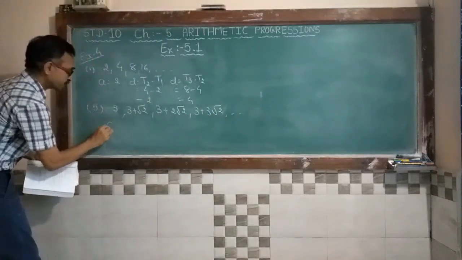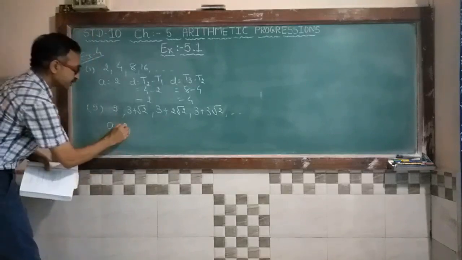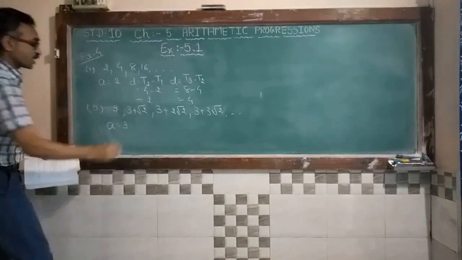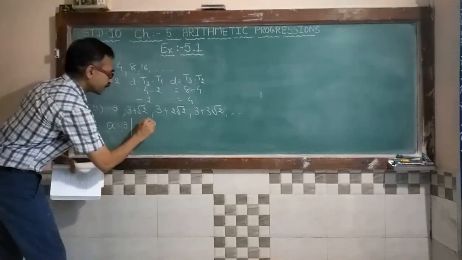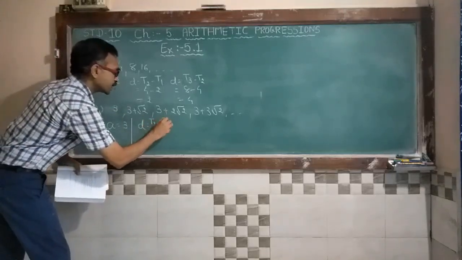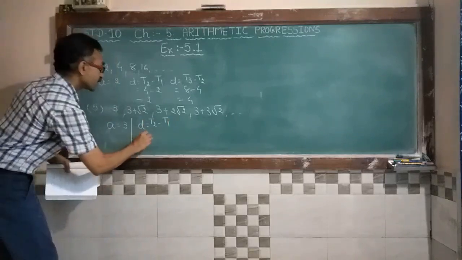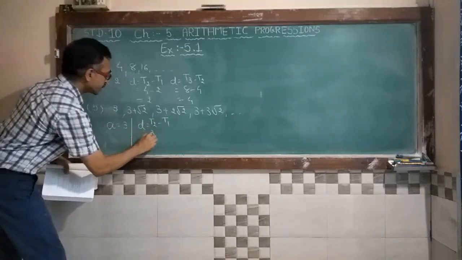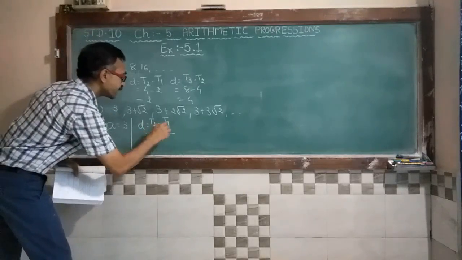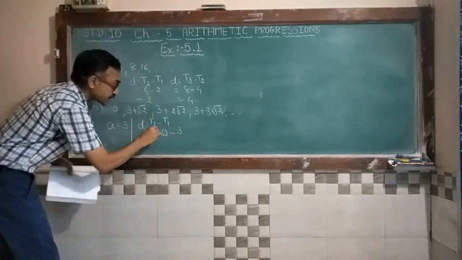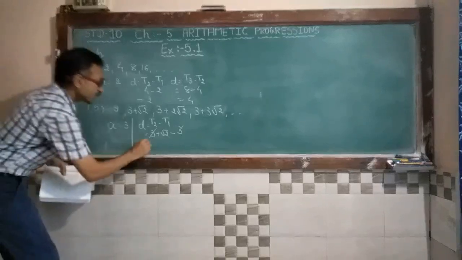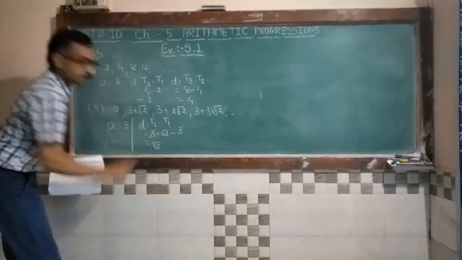Now your first term, or you can say A, is 3. Common difference D, that means T2 minus T1. T2 is 3 plus root 2 minus T1 is 3, plus 3 minus 3 cancel out, remaining is root 2.